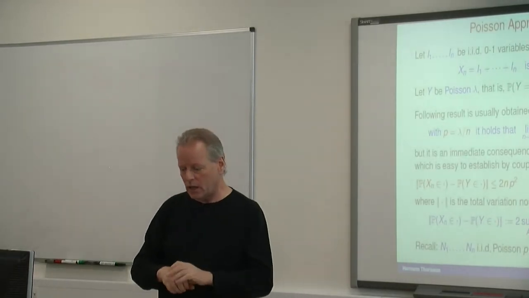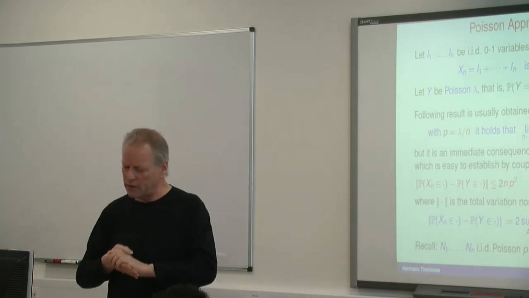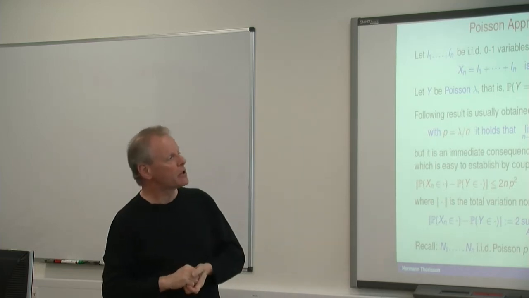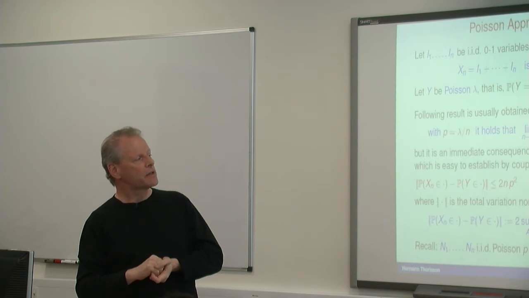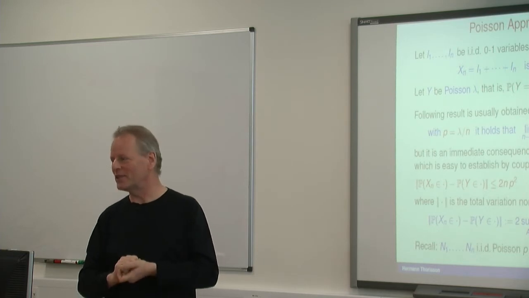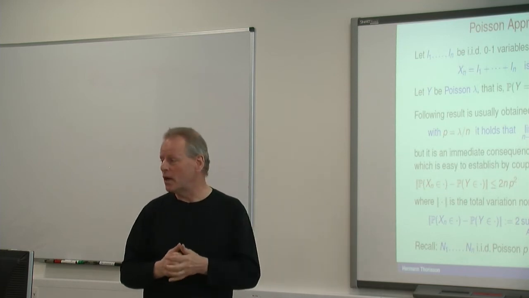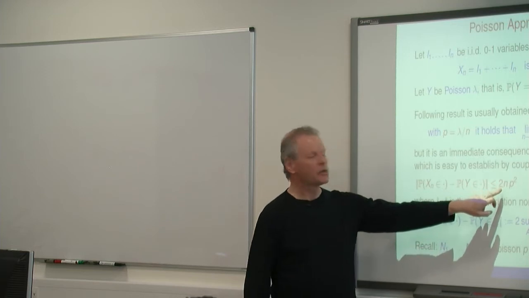And coupling goes hand in hand with Stein method to do Poisson approximation. Sometimes coupling is efficient, sometimes Stein method is efficient. I think most of the time it's the Stein method that wins, but coupling is usually simple, and it can be very crude.